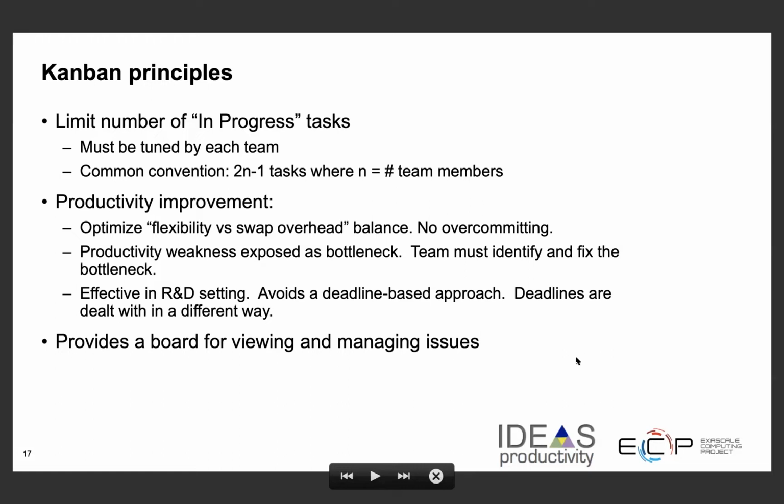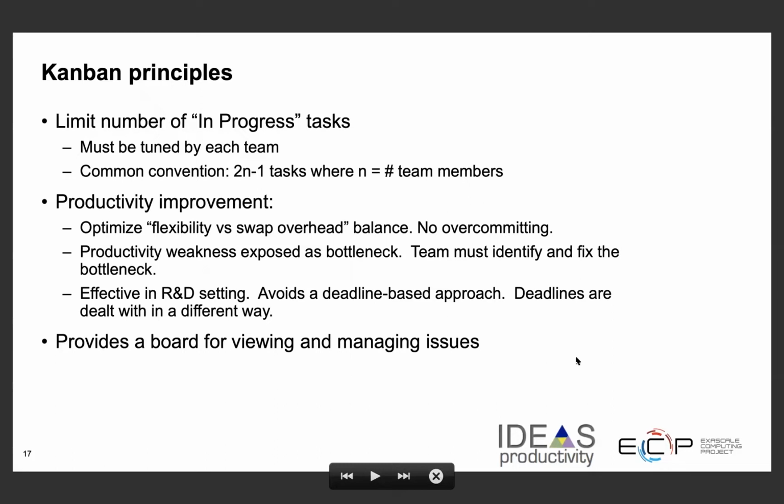In progress means tasks that have been actively worked on. And of course, that's specific to each team, but many times the recommendation is just to have 2n minus 1 tasks, where n is the number of team members. Having such principles is good because if you have too many tasks in progress, then your team members are going to spend a lot of time context switching instead of actually making progress.